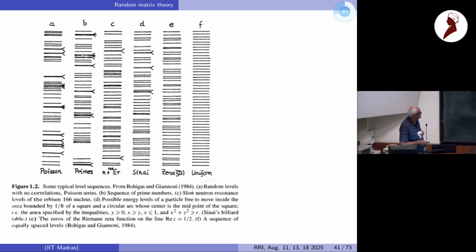Okay, so this is just to give you an idea of how these levels look for different kinds of things. It's from a report by Bohigas and Giannoni long ago. If you take independent random numbers and put them down like a barcode, you will get a bunch of numbers like this.